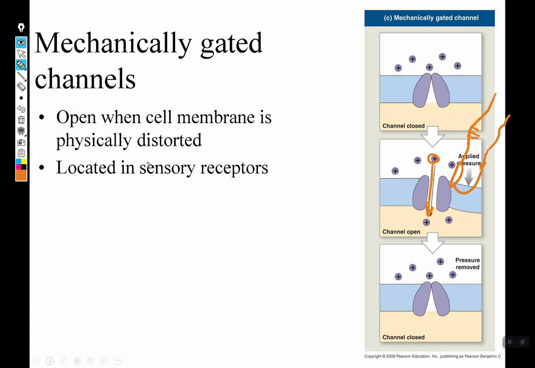So generally, mechanically gated channels are one type of receptor potential, which means you're detecting some kind of sensory information, specifically tactile sensory information.